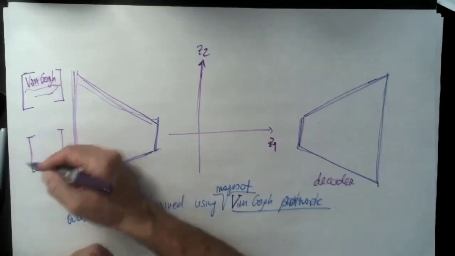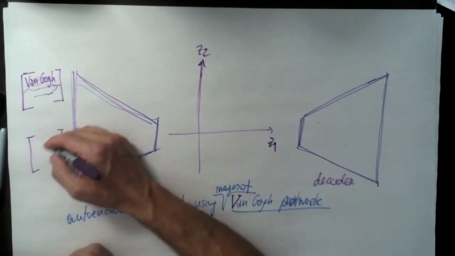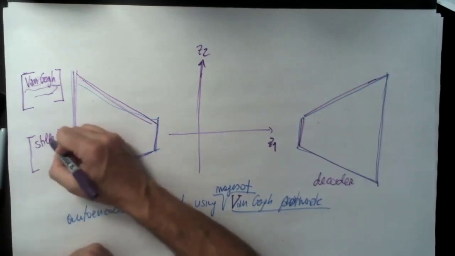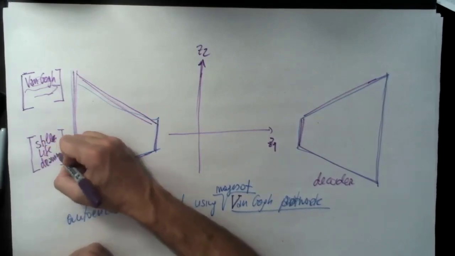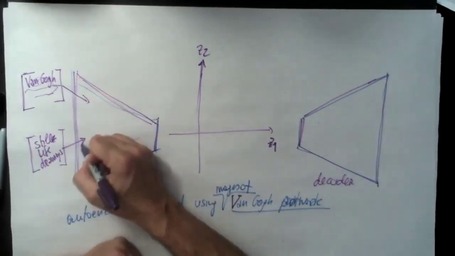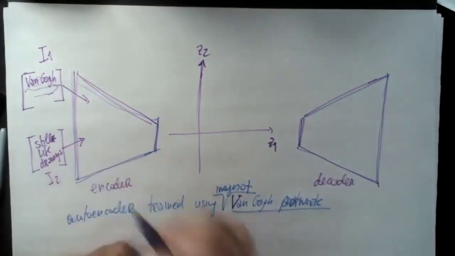And here we have an image of something else. Imagine that it is a still life drawing. Let's call this image 1, image 2.